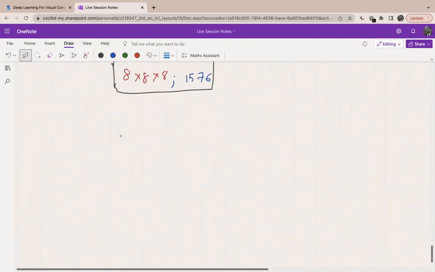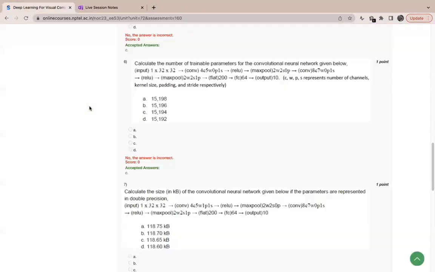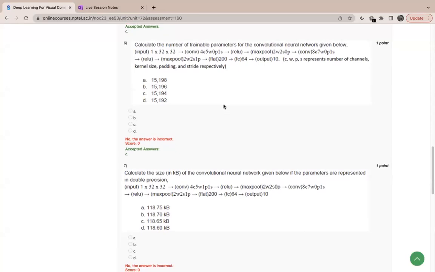Okay, let's just go fast now. Layer number 5 is again a ReLU. So ReLU won't be changing anything.